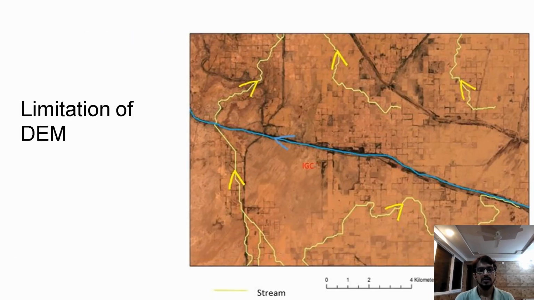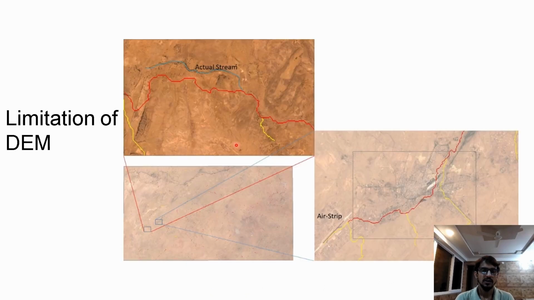Okay, so during the practice, we realized that there are some limitations of these studies. Here you can see the actual stream, which is somewhere here, and the digital elevation model is suggesting this as a stream.